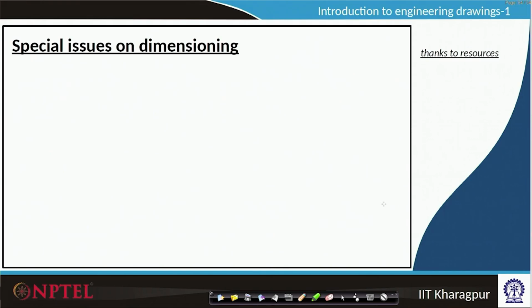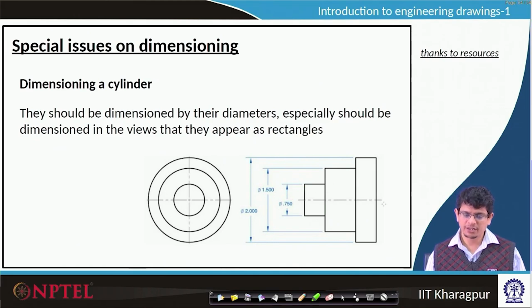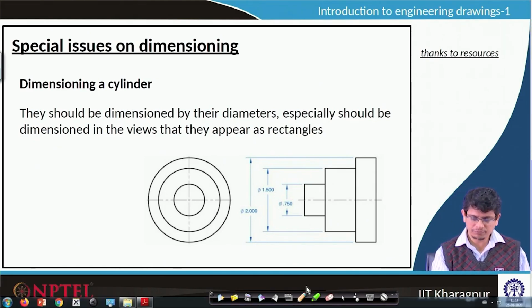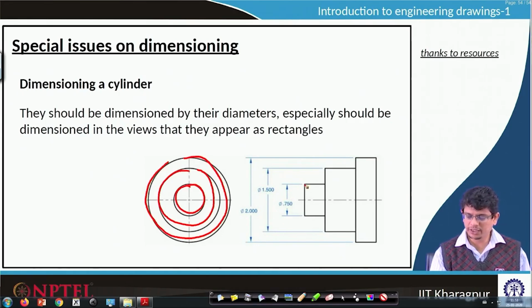On special issues on dimensioning, in the last class we tried to look at different ways of dimensioning. For example, if it is a cylinder having multiple steps, on the other side of the view we look at it like a step.